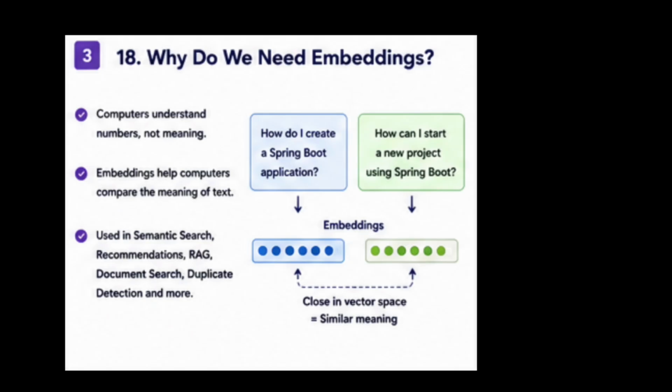Now the computer can mathematically compare those vectors. If the vectors are close to each other, the meanings are considered similar. This is extremely useful for semantic search, recommendation systems, RAG, document search, and duplicate detection. So, embeddings act as a bridge between human language and mathematical computation.